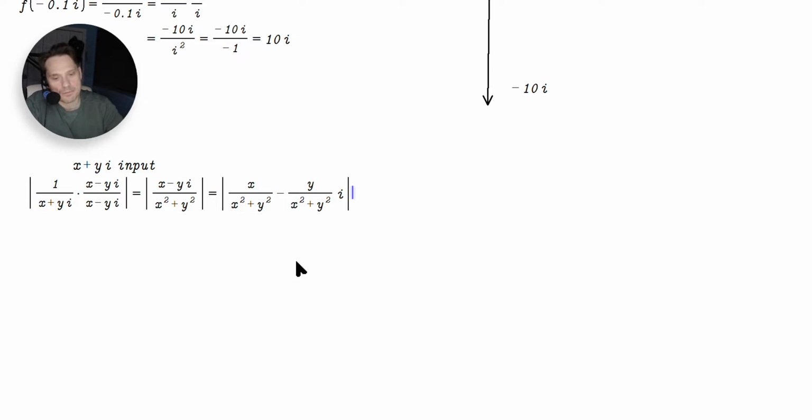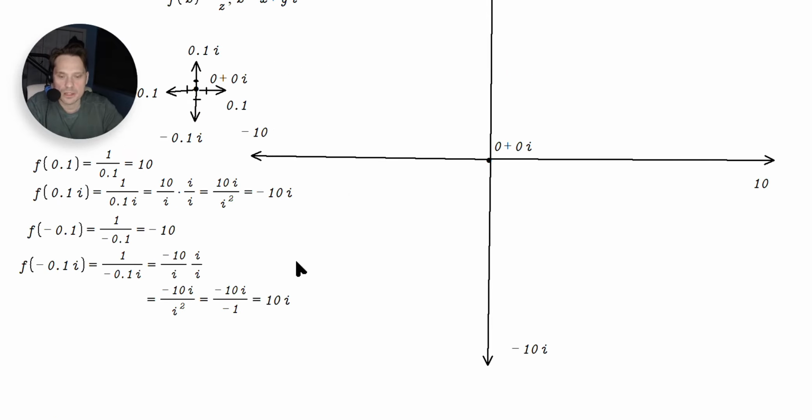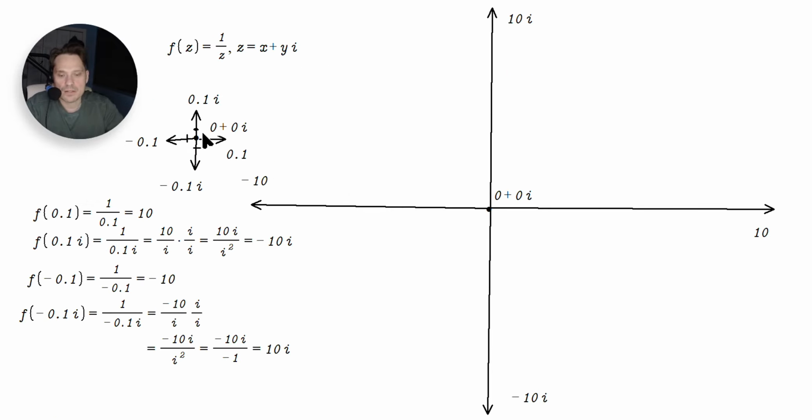Okay, so now look what happens, friends. Very carefully, let's apply the meaning of finding the modulus. You're going to have x over x squared plus y squared, squared, by the Pythagorean theorem. Remember, each complex number, whatever goes in here, once you do 1 over it, you get a complex number.